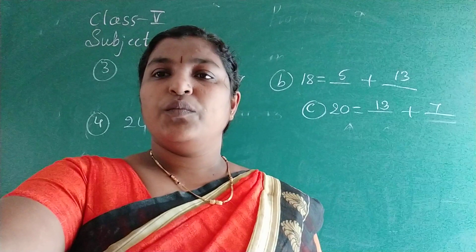Then C, 20 is equal to dash plus dash. So express in terms of prime numbers, which we can do. It has to give 20. So if we add 13 plus 11, what will it become? 24. So if we add 7 plus 13, what will happen?